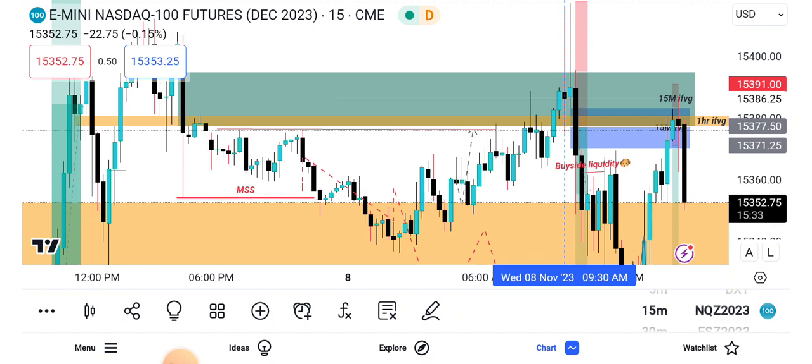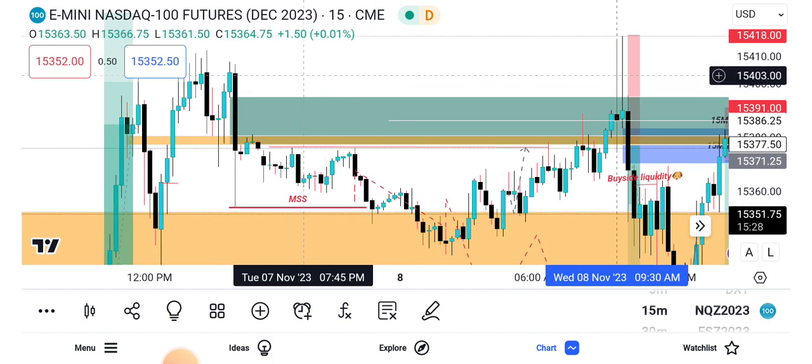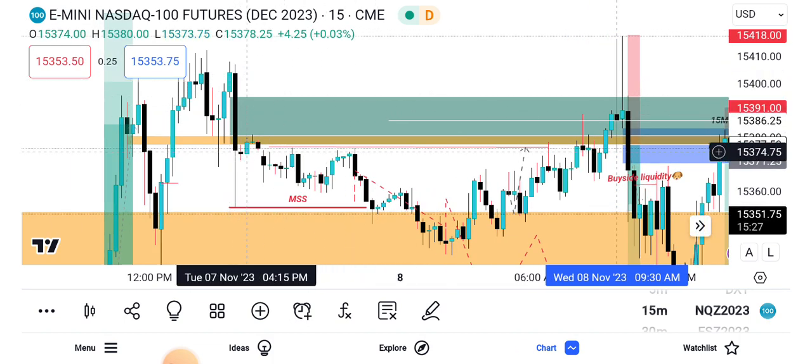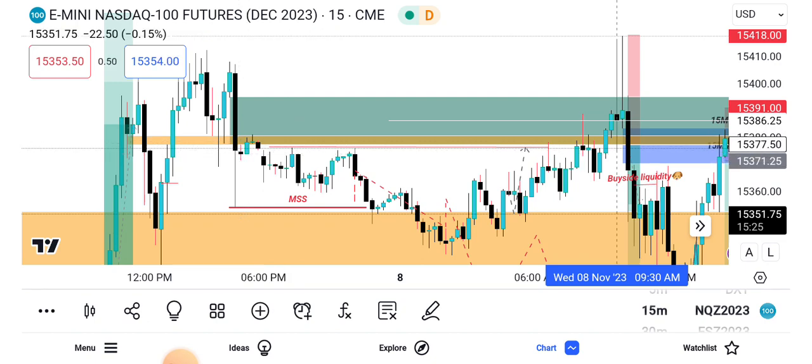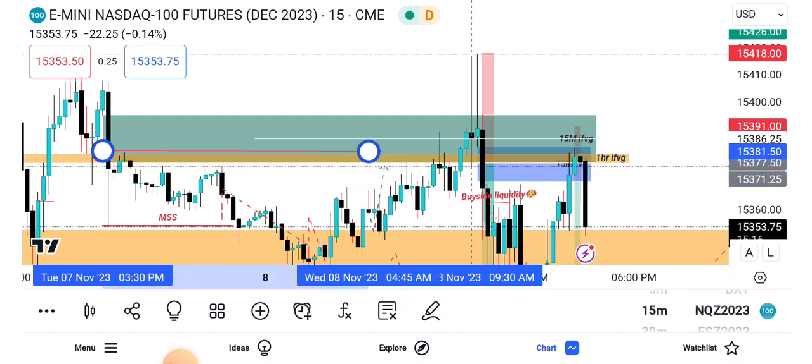And also we can spot this 15 minutes inversion fair value gap, this candle's low and this candle's high. That's the 15 minutes fair value gap, and also we had buy side liquidity above that high.